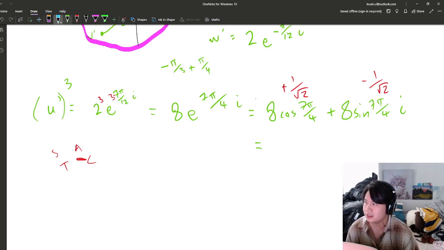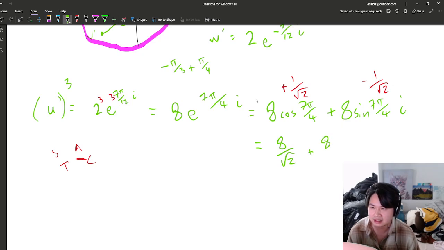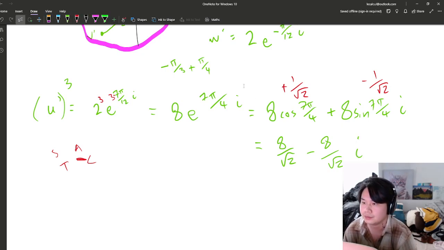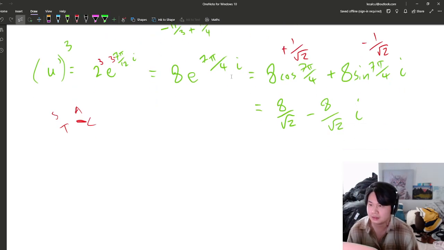Okay, so here are your c and d values. You have 8 over root 2 plus, or minus 8 over root 2. I guess you could rationalize. If you were to rationalize, what would this be?